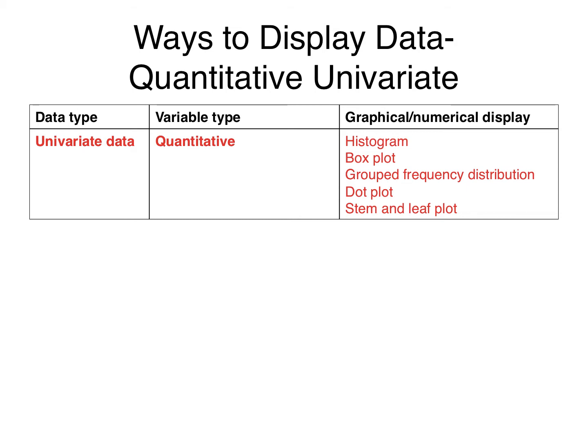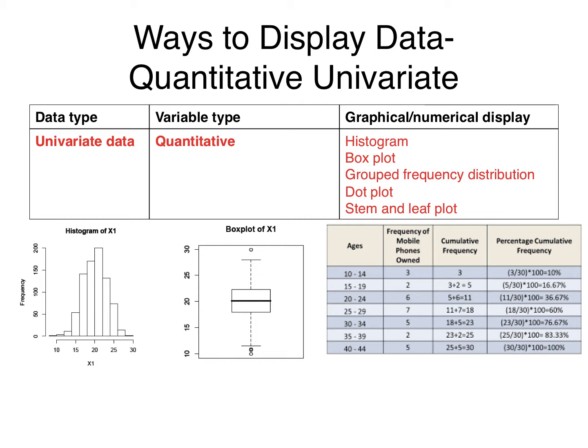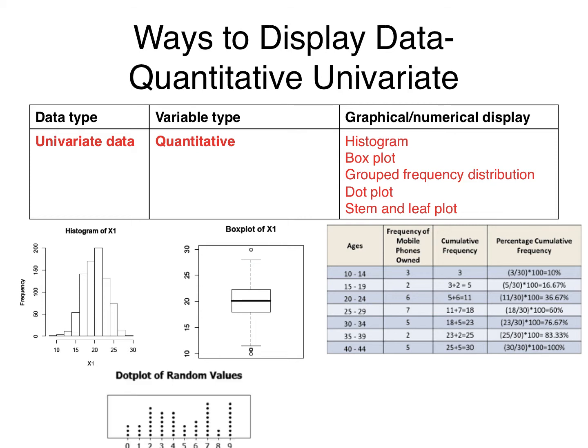For example, you could use a histogram, a box plot, a grouped frequency distribution, a dot plot, or a stem and leaf plot. Most of this is explained in Module 1, but when you're asked on an exam or on your assignments, you should feel comfortable in identifying what type of variable it is and what graphical or numerical displays could be used for that variable.